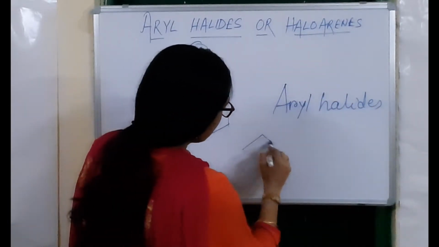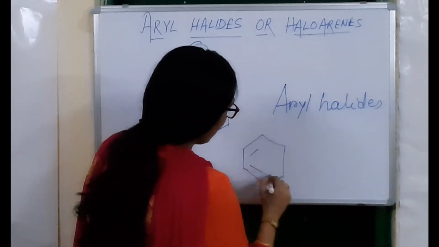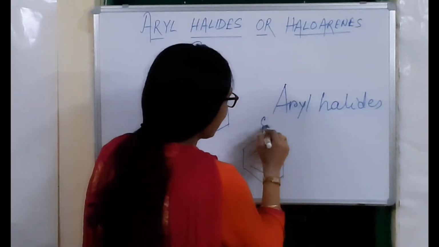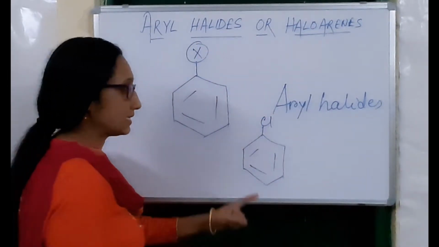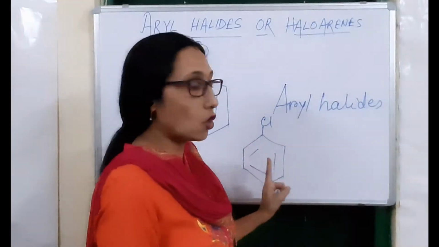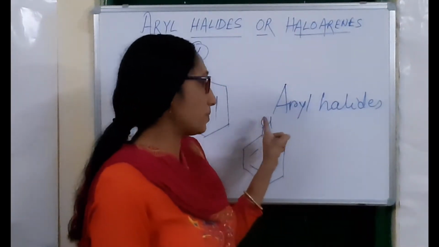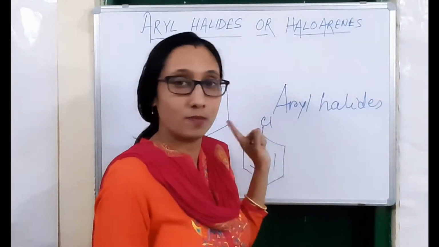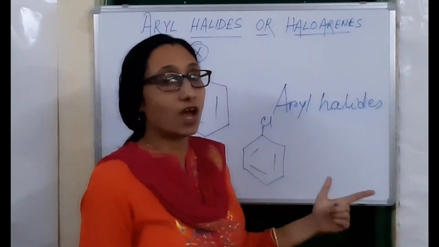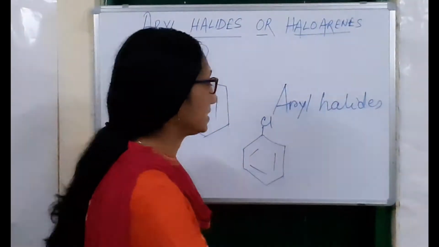For example, see this compound. Here we have benzene and Cl is attached directly to the benzene ring. So this is chlorobenzene. If it is Br, then it will be bromobenzene. Similarly, we have iodobenzene, fluorobenzene.